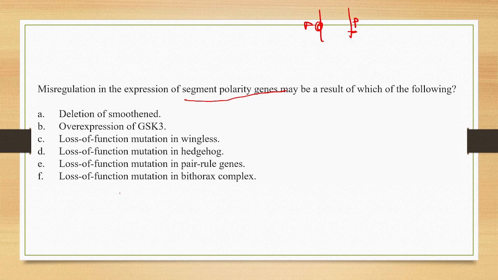Your options are A, deletion of smoothened; B, overexpression of GSK3; C, loss of function mutation in wingless; D, loss of function mutation in hedgehog; E, loss of function mutation in pair rule genes; and F, loss of function mutation in bithorax. You have 3 minutes to solve this question.